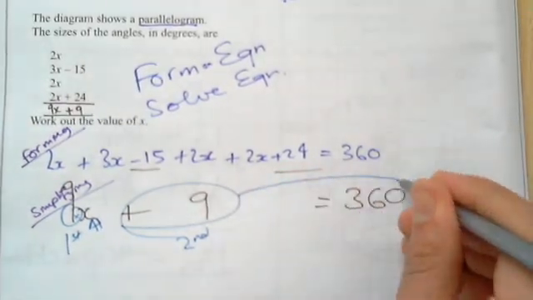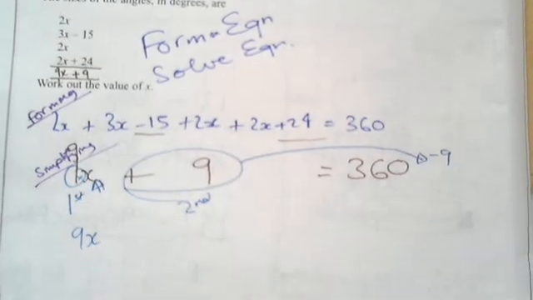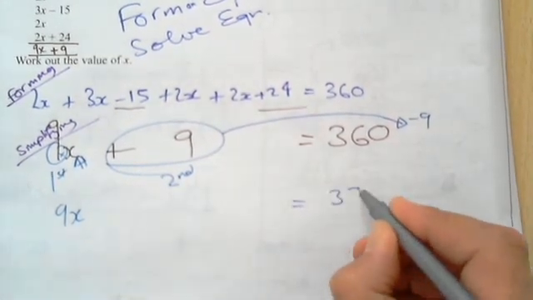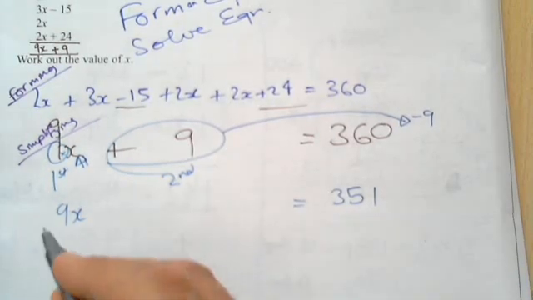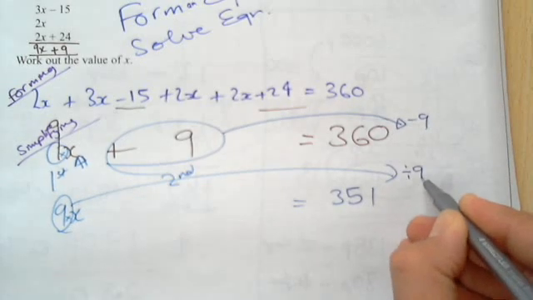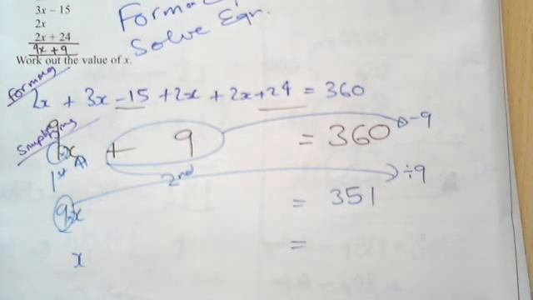So plus 9 goes over and becomes a minus 9. So you have 360 minus 9. Then the first action goes now. The opposite of times by 9 is divide by 9. So x is equal to 351 divided by 9.